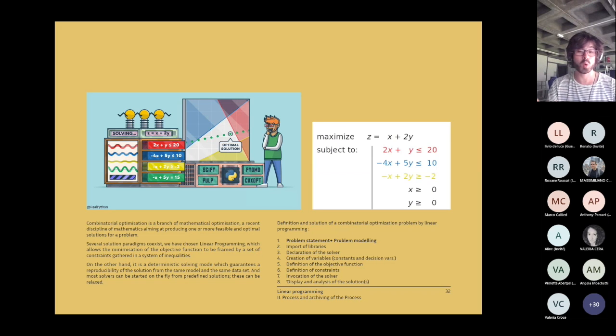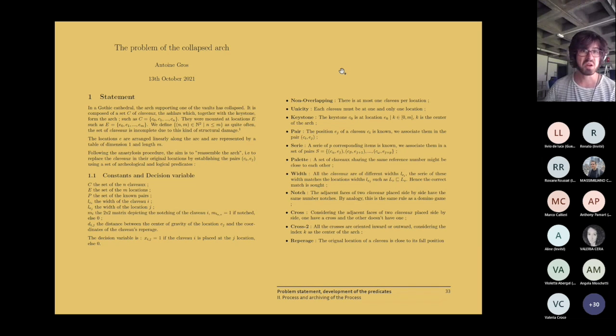Let's use all these archaeological predicates as constraints to then reduce the solution space and find the optimal solution of the anastylosis. First, we have to formulate the problem of the collapsed arch, which is the transcription of the anastylosis problem as a mathematical problem.